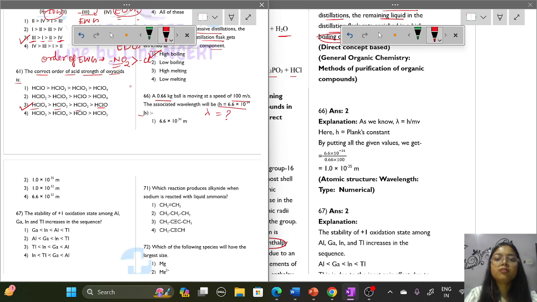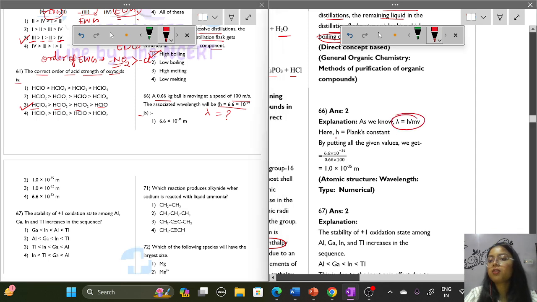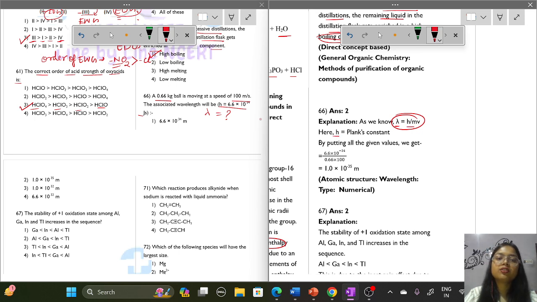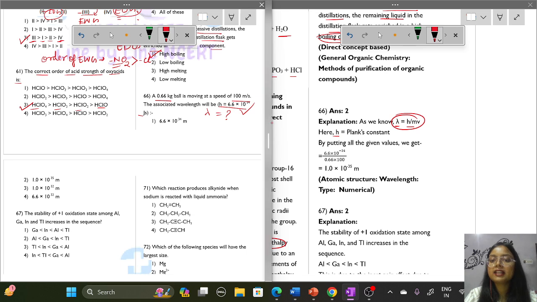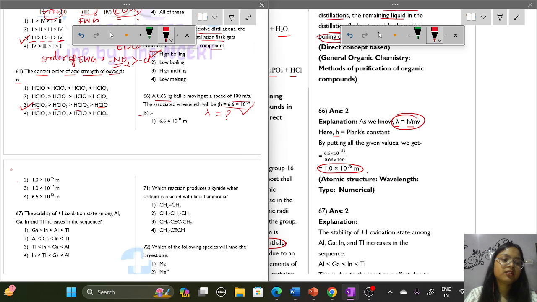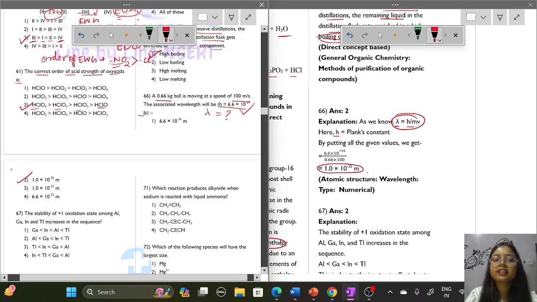We have to find it by using the common equation lambda equals h by mv, where h is Planck's constant. On putting the values, we will get lambda as 1.0 into 10 to the power minus 35 meter. So option number 2, 1.0 into 10 to the power minus 35 meter, is the correct answer.